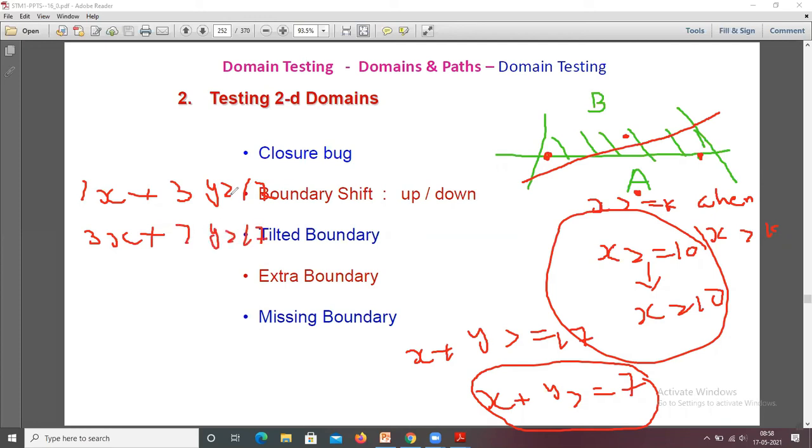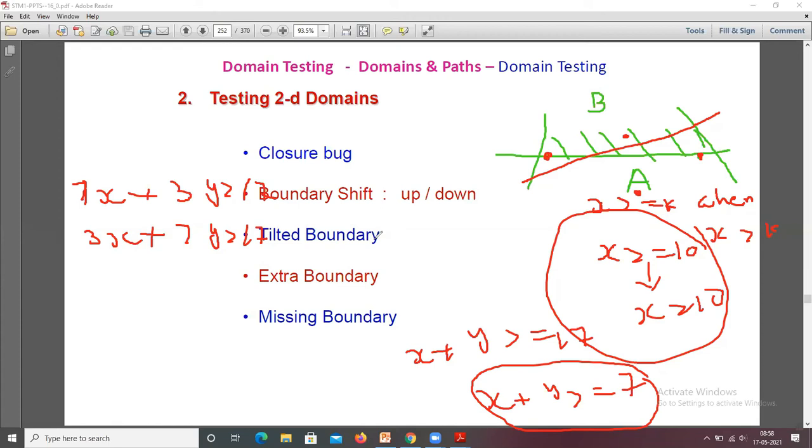Here the coefficients of x and y are swapped. Actually you want to write 7x plus 3y greater than 17, but instead I write 3x plus 7y greater than 17. So these values are tilted, and that is what we call a tilted boundary.